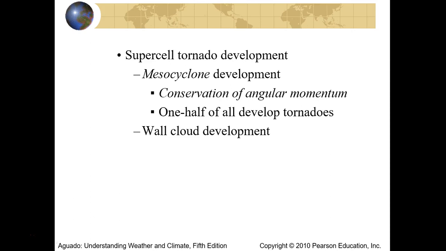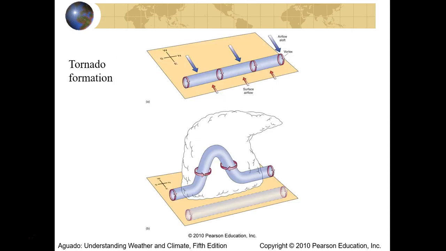What we've got to have is a rotating thunderstorm, which we call a mesocyclone. We need a thunderstorm spinning, and we've talked about that in previous sections of this chapter. We've got to get wind shear to get air rolling, air coming in from different altitudes at different directions, and that gets a ball of air beginning to roll.